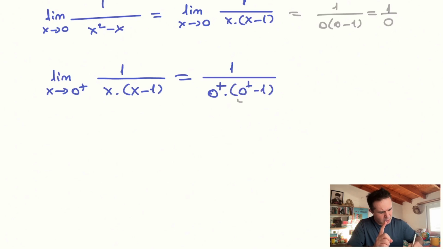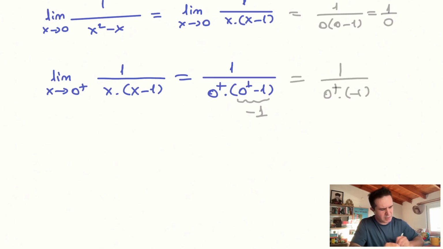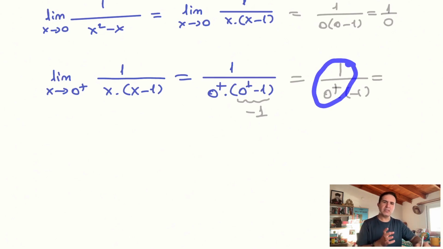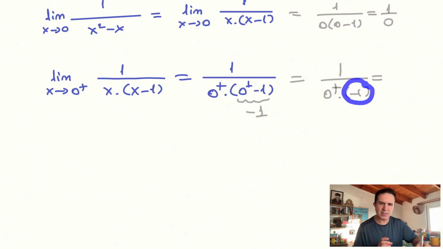We can say that 0 plus minus 1 is 0 minus 1, which is minus 1. So this will be equal to 1 over 0 plus times minus 1. Since we divide 1 by 0 plus, this is plus infinity. But we have a minus sign here, so this will be minus infinity.